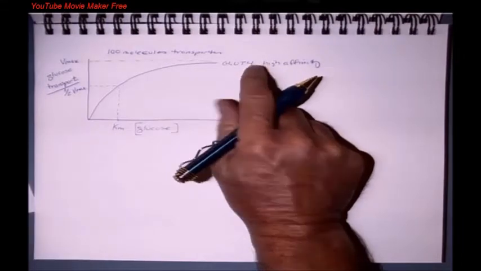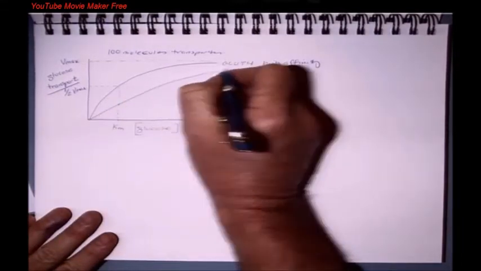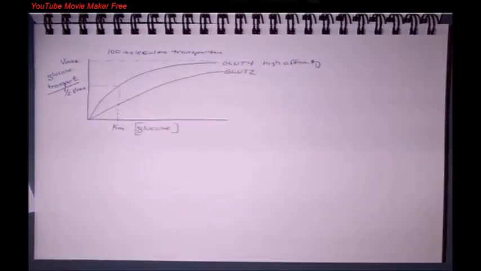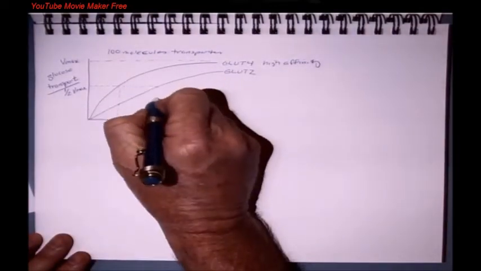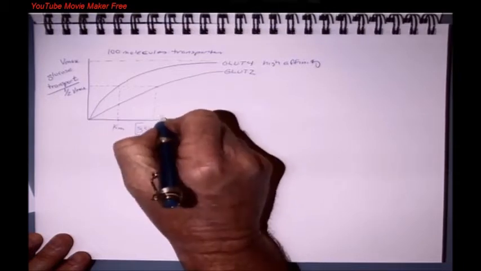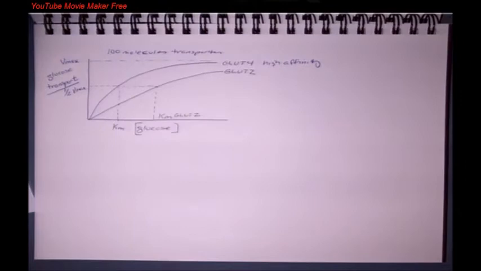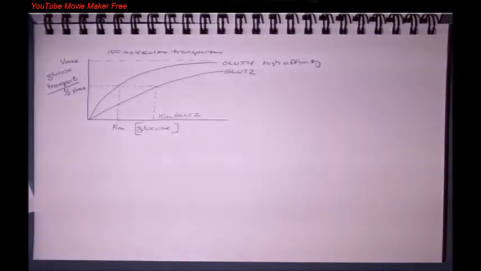Now, what if I was to show you this? Look what we've done to the Km. Let's say they pretty much have the same Vmax. They can transport glucose at the same rate when you've got enormous glucose concentrations.